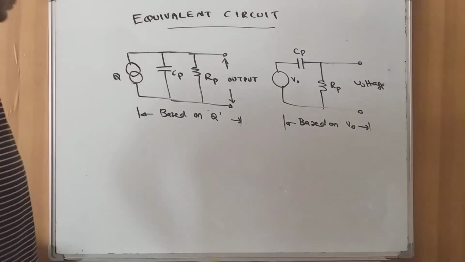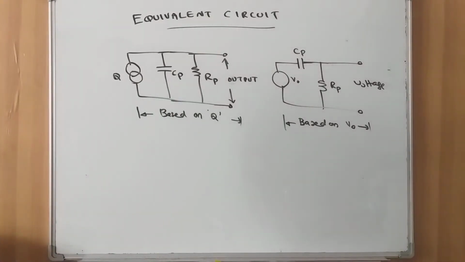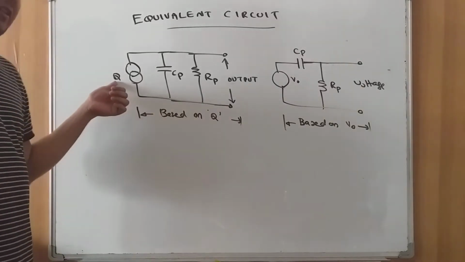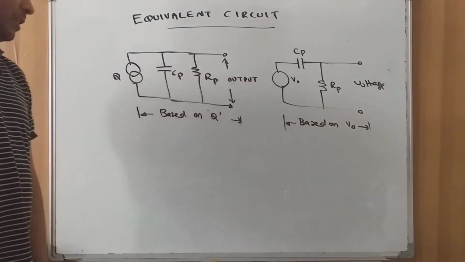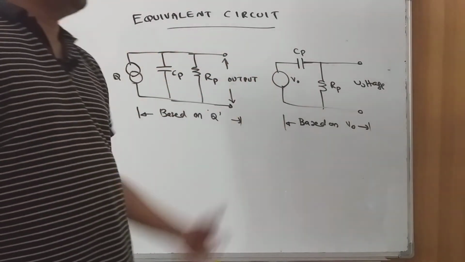So, now let us see the equivalent circuit of the piezoelectric transducer. There are two equivalent models. The first model is based on the Q model, which is the charge model, and the other is based on the voltage model. The first is a parallel circuit, whereas the second is a series circuit.